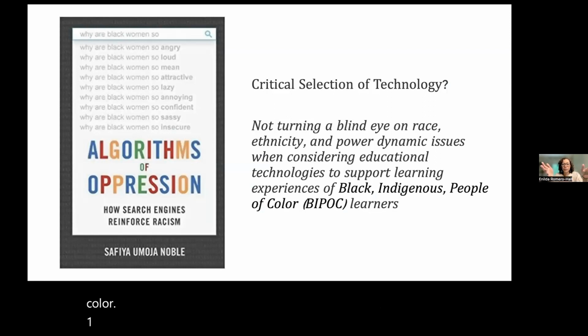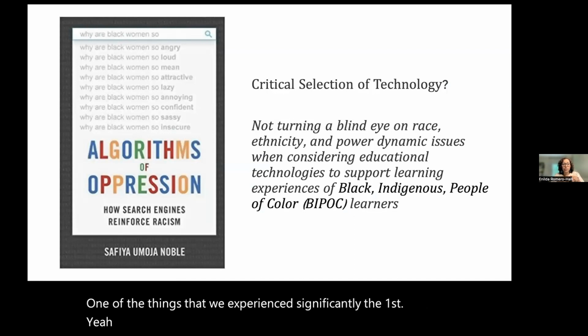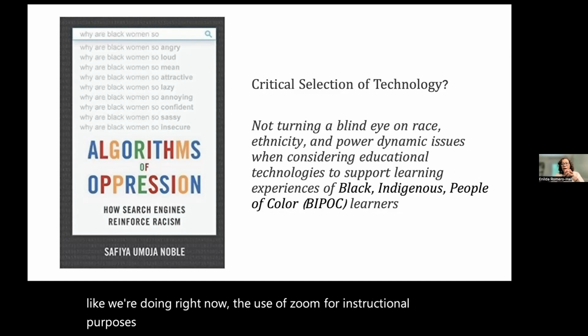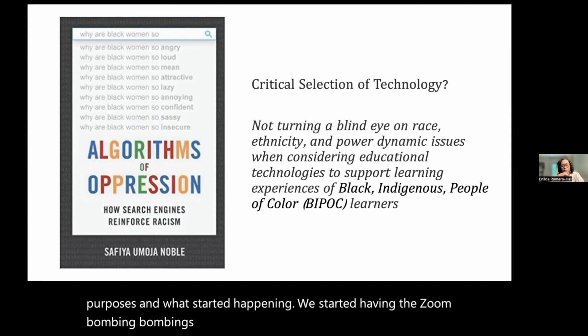One of the things that we experienced significantly in the first year or 2 years of the start of the COVID-19 pandemic was just like we're doing right now, the use of Zoom for instructional purposes. And what started happening, we started having the Zoom bombings. And it happened to me one time.